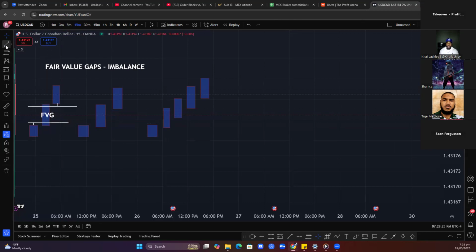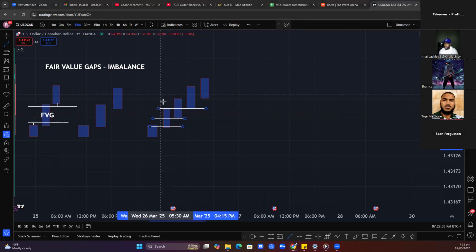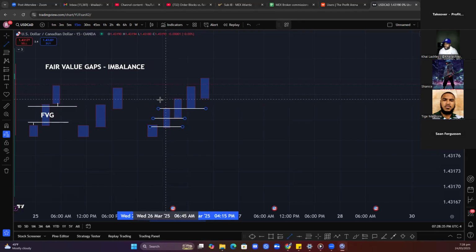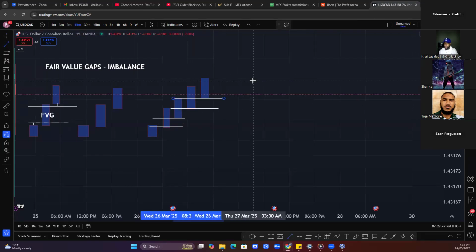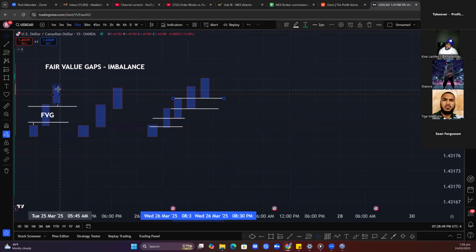So that's one. Two, we have, for example, multiple areas of imbalance. Like here, for example. I try my best to illustrate it, guys. But let me see how we can get this drawn. Okay, cool.